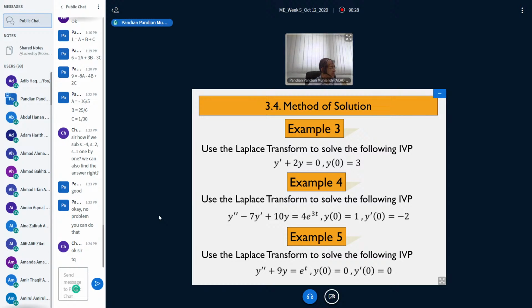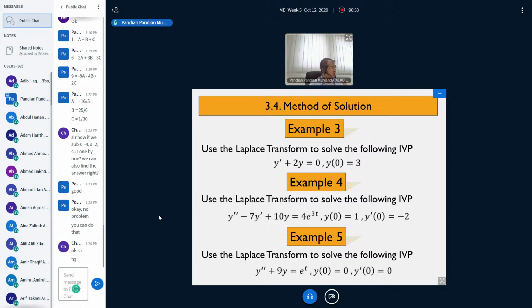Equation number 3, e^(at) equals inverse Laplace of 1 over s minus a. Equation number 4, sin kt equals inverse Laplace of k over s square plus k square. Equation number 5, cos kt equals inverse Laplace of s over s square plus k square. And then sinh kt, inverse Laplace of k over s square minus k square.